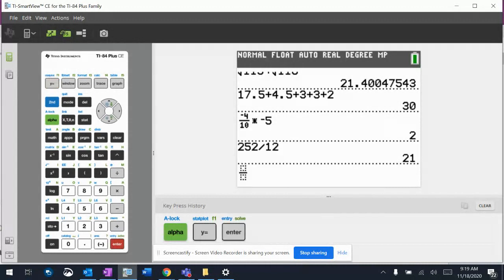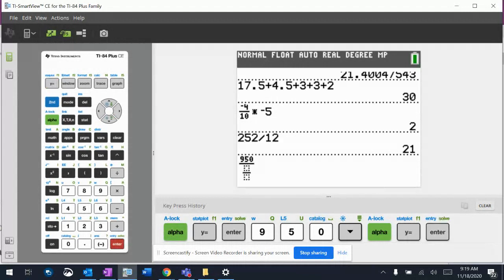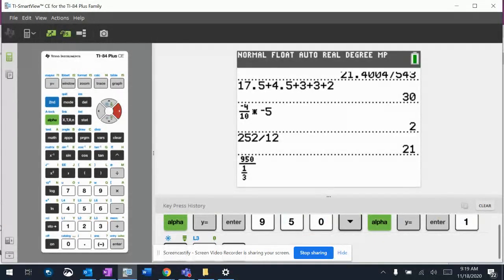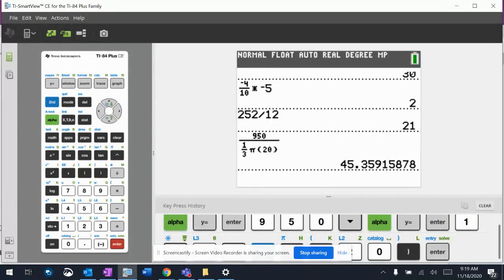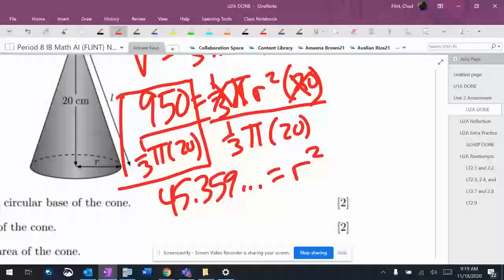I'm going to bring up a fraction, 950 on top, and on the bottom, there's another fraction, 1/3 pi times 20. So that's going to give me 45.359. Okay, that's not my answer. That's r squared.